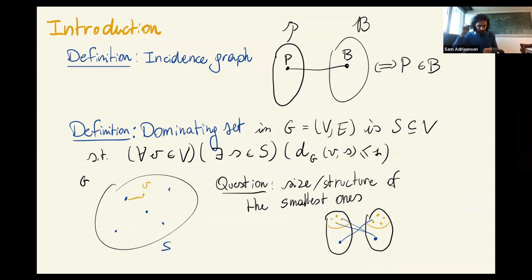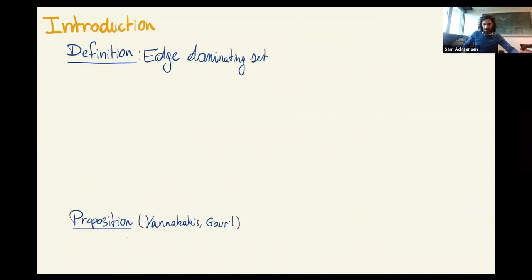We'll be looking at a related problem, namely edge dominating sets. There are different ways to define an edge dominating set. Again, we're working in a graph G. Now we're going to take a subset S of the edges, and it can satisfy any one of these properties. They are equivalent.